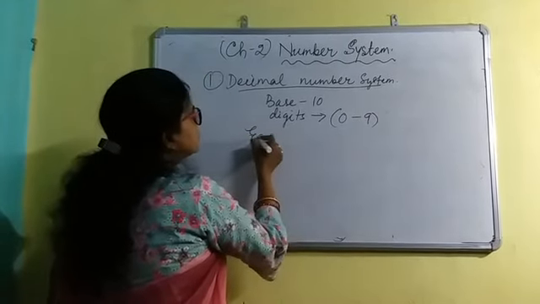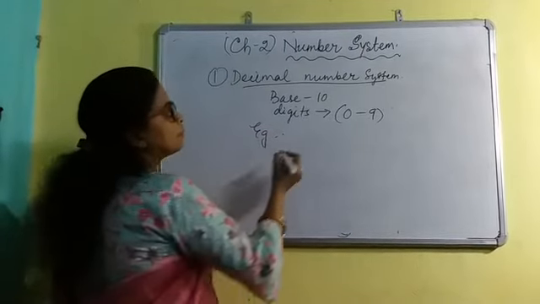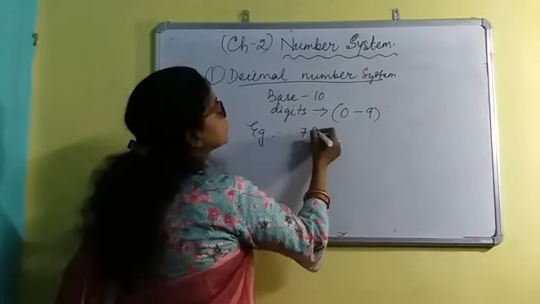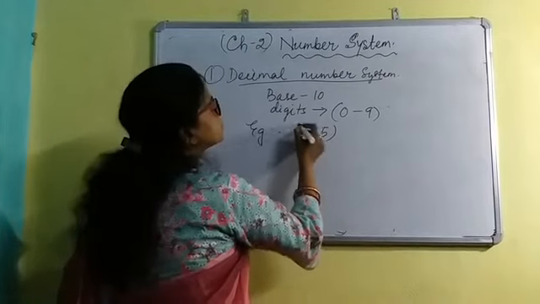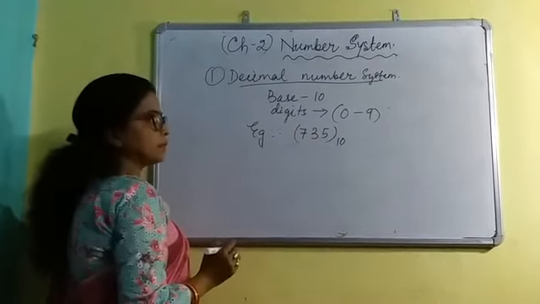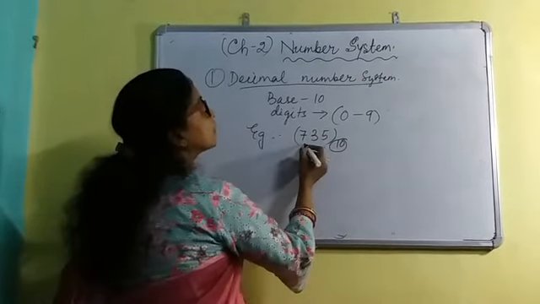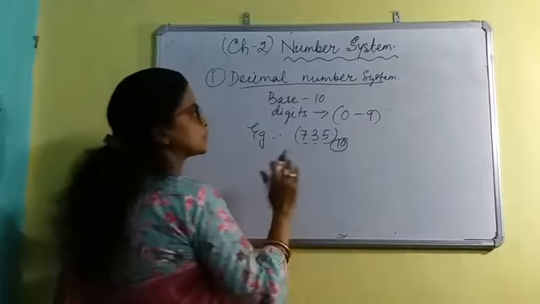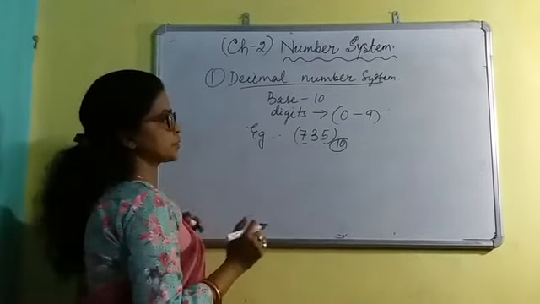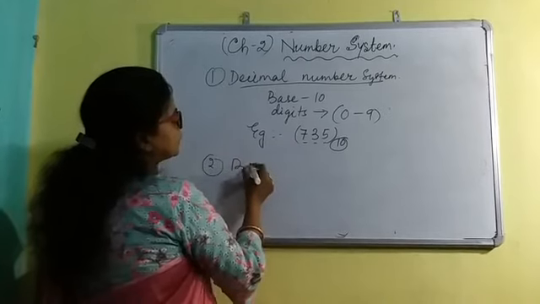Let us take an example: suppose I take 735. 735 is a decimal number because the base is 10 and all the digits are within the range 0 to 9.